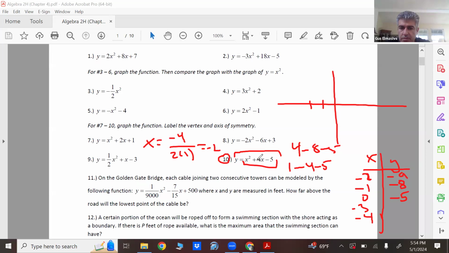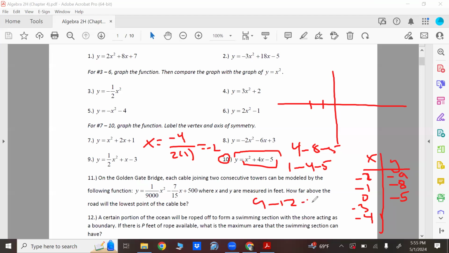Then for -3, it would be -3 squared, +9, plus 4x minus 12, minus 5. So that would be -8. And then 4 squared is 16. 16 plus 16 is 32 minus 5. Slow down. It should be the same thing as -2. So if you plug in -4, you get 16 minus 16 minus 5, which is -5, right?